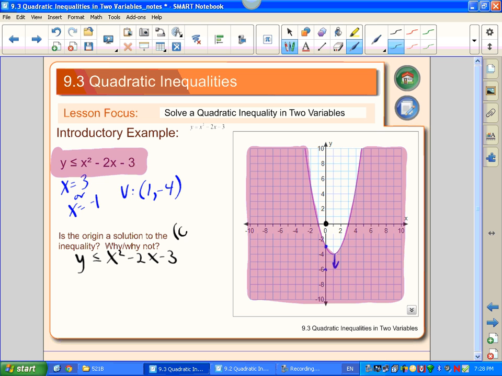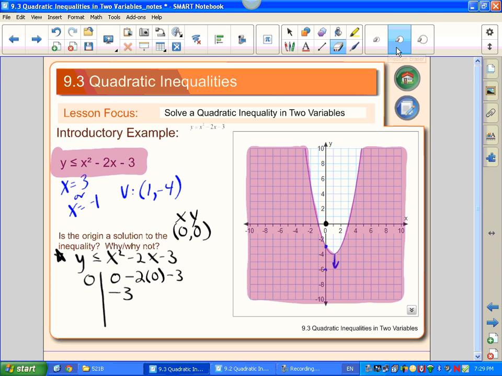And remember, the origin is the point 0, 0, where x is 0, y is 0. If it is a solution, then this statement right here would be true. Well, let's test it. Y is 0, x is 0. When x is 0, I get -3. So the question we're asking is 0 less than or equal to -3?